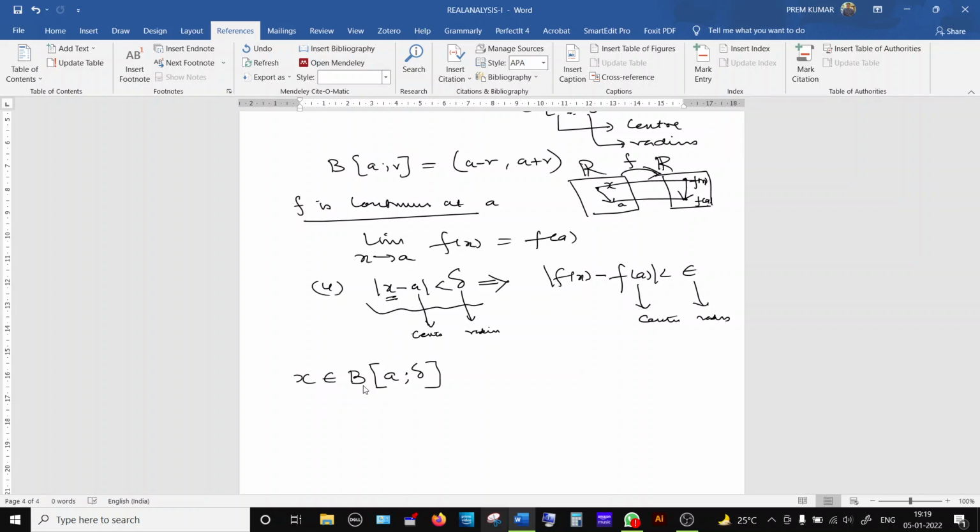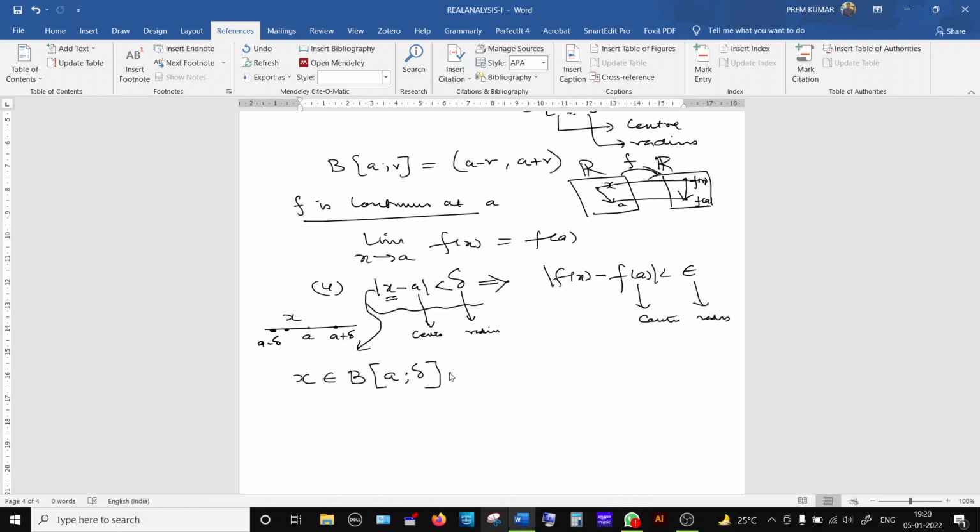What is this open ball B of A semicolon delta? Suppose A is the center, and these are A plus delta and A minus delta. If I write like this, the meaning is that x is inside this set. So the condition absolute value of x minus A less than delta, we can write as x belongs to the open ball B of A semicolon delta.